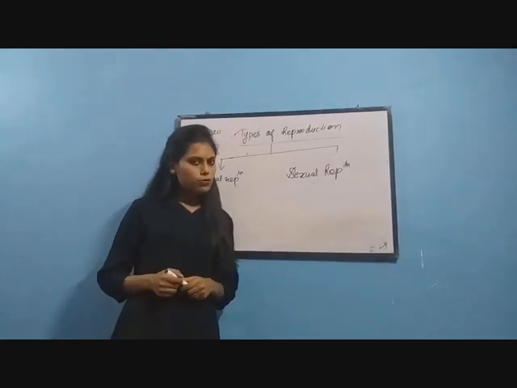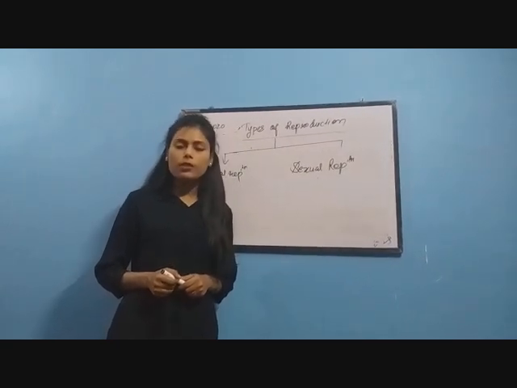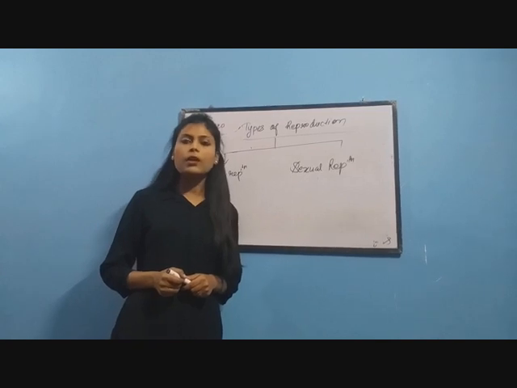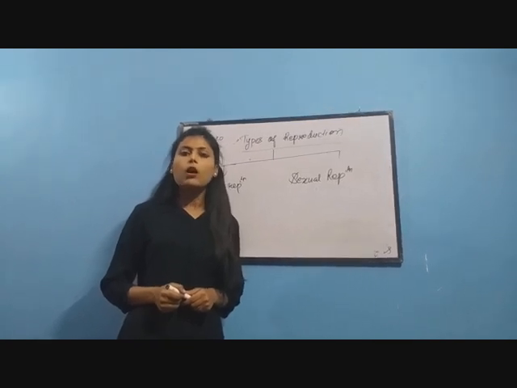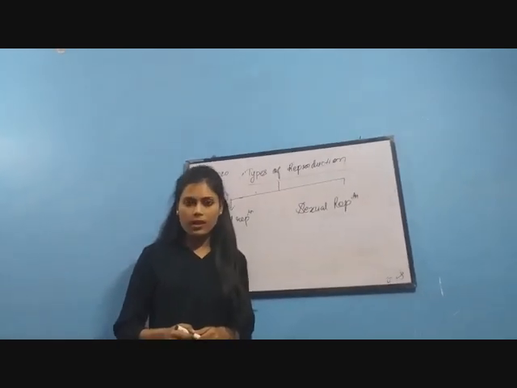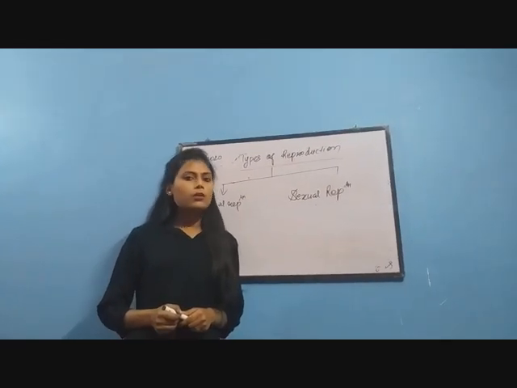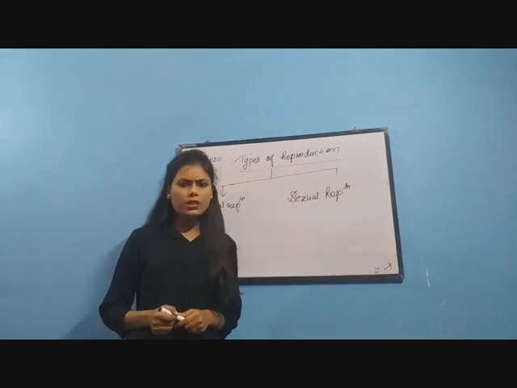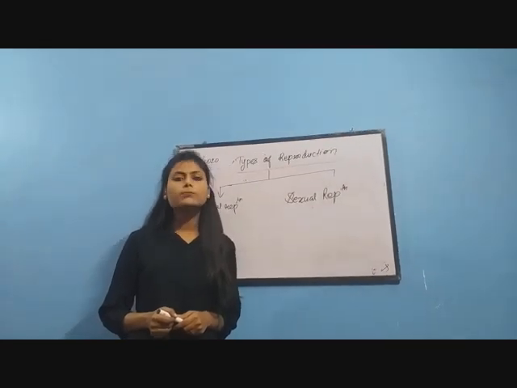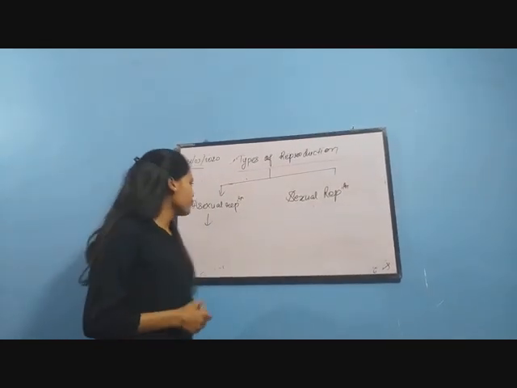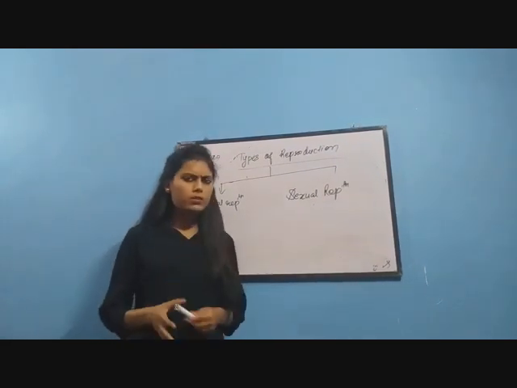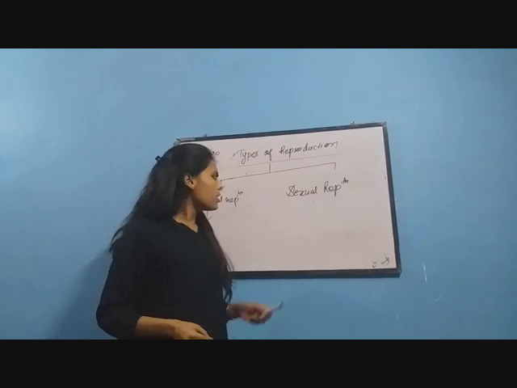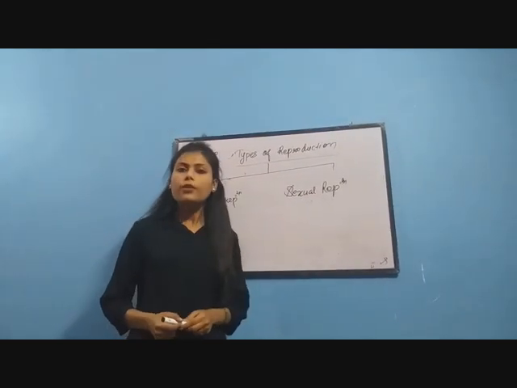So if we have to talk about asexual reproduction, it is common in lower organisms like algae, protozoans, tunicates, coelenterates. Let us look into the differences between asexual reproduction and sexual reproduction.